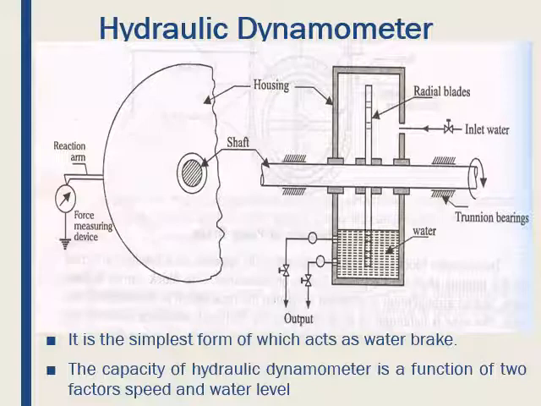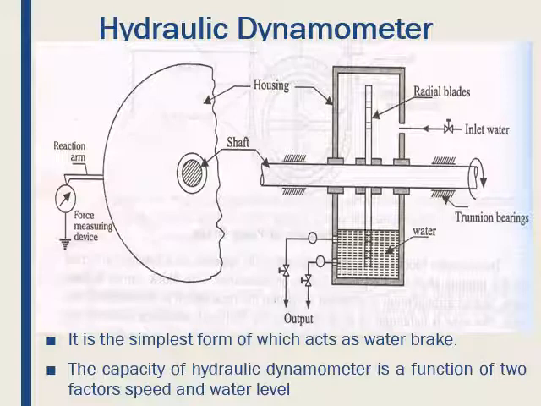But such rotation is constrained by the force measuring device, such as scales or a load cell placed at the end of the reaction arm of radius r. By measuring the force at the known radius, the torque T may be computed by a simple relation.